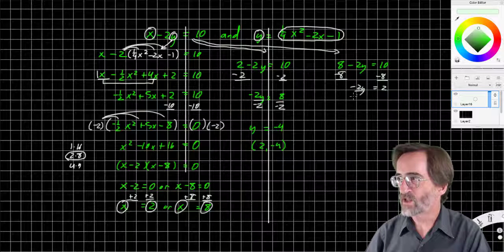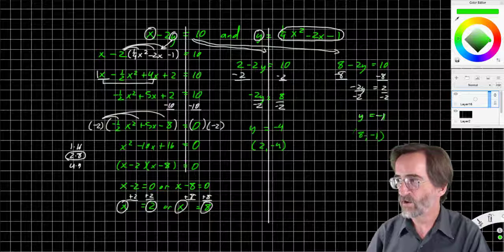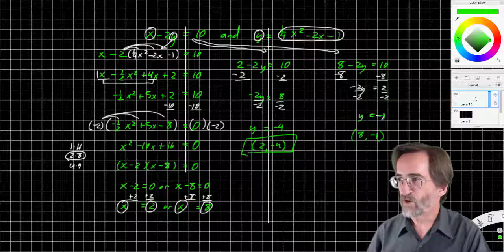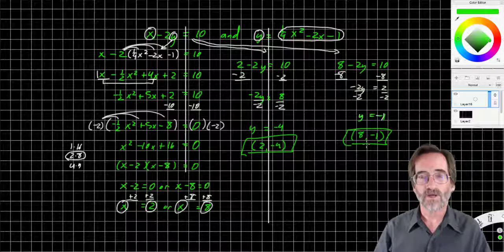Divide by negative 2, and we get y equals negative 1. This corresponds to the point 8, negative 1. So those are the two points of intersection. x equals 2, y equals negative 4. x equals 8, y equals negative 1.